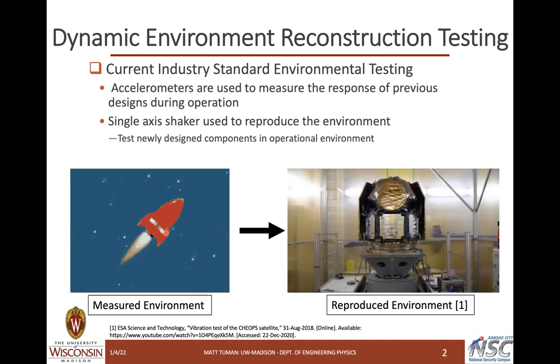Then these acceleration measurements are used to define an environment in the form of power spectral density profiles. Then a single axis shaker, as shown here, is used to reproduce these acceleration profiles to determine if a newly designed part can survive its intended environment.